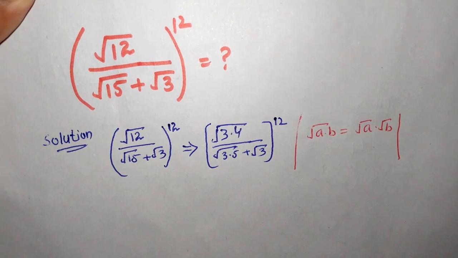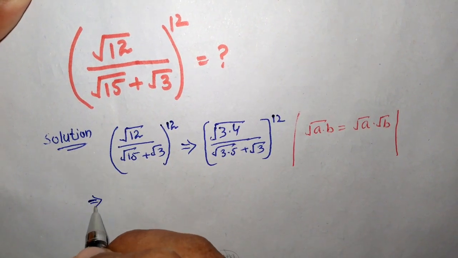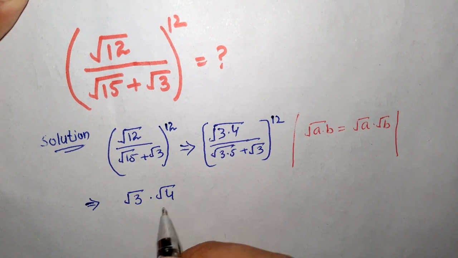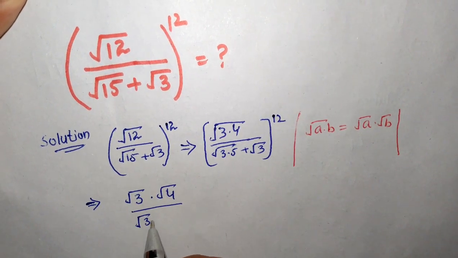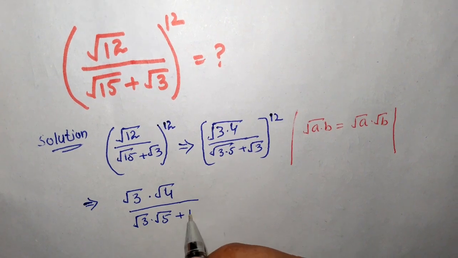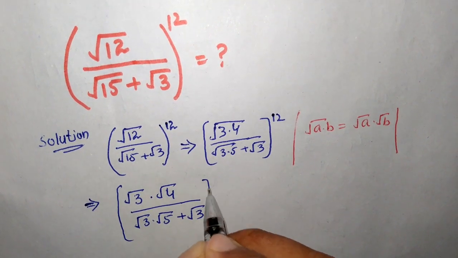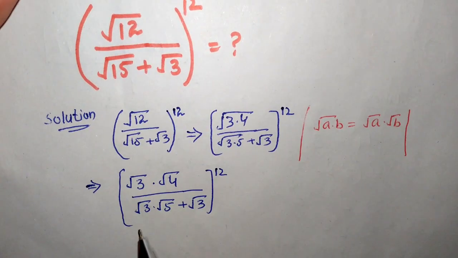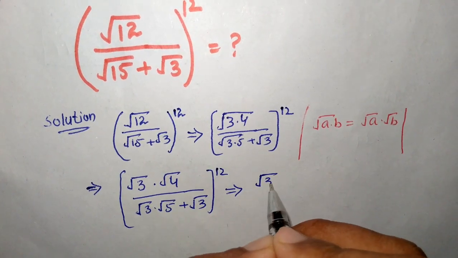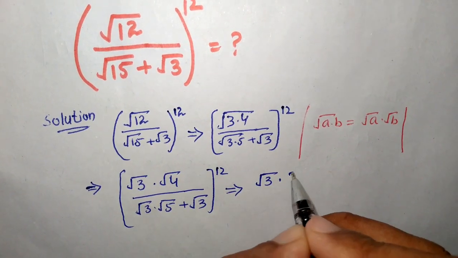Applying this, it becomes the square root of 3 times the square root of 4 over the square root of 3 times the square root of 5 plus the square root of 3, to the whole power of 12. In the next step, the square root of 4 is equal to 2.